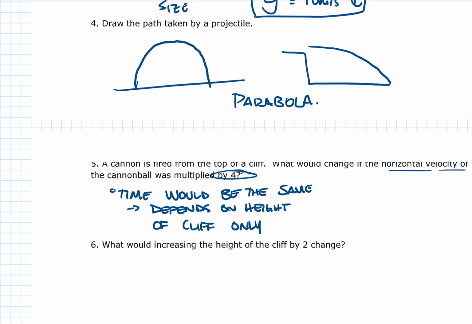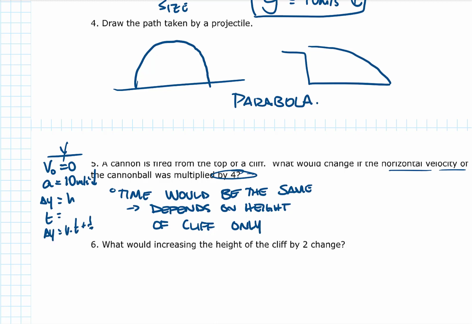So if you want to think of it that way, in the y direction we would determine time. The initial velocity in the y is 0. The acceleration is 10 meters per second squared down. And then our delta y is the height of the cliff. Time depends on all those things. Delta y is v0t plus 1/2 at squared. But none of that has to do with the velocity that we have to begin with.